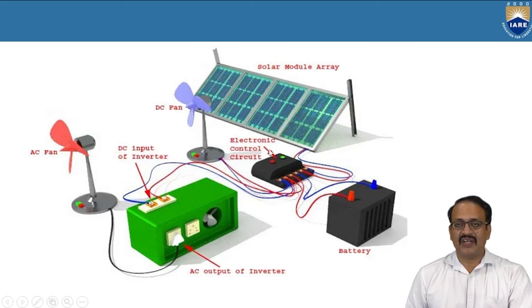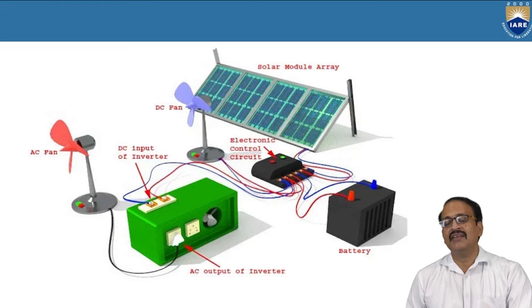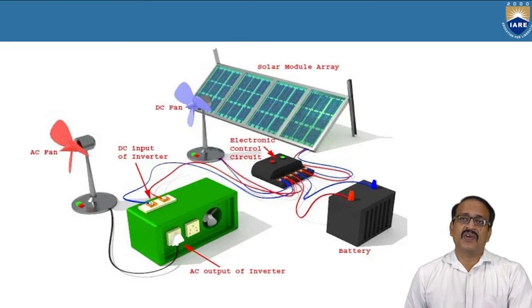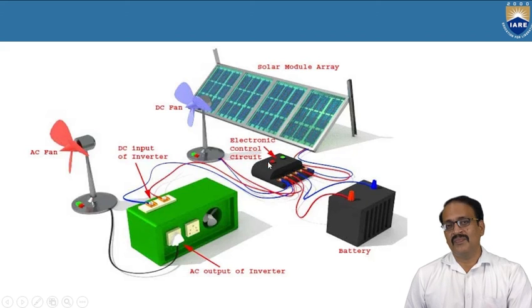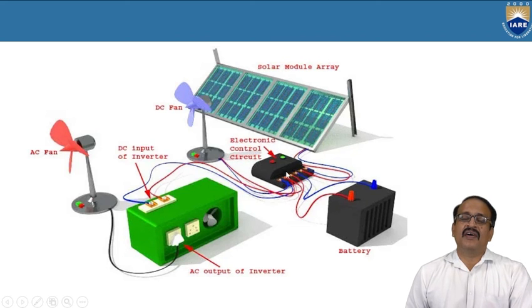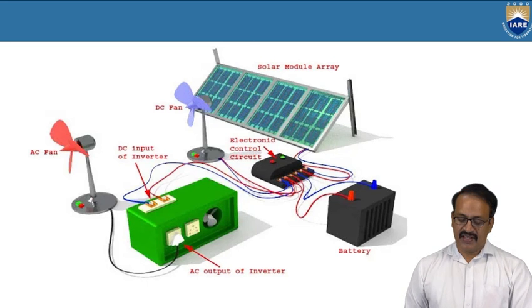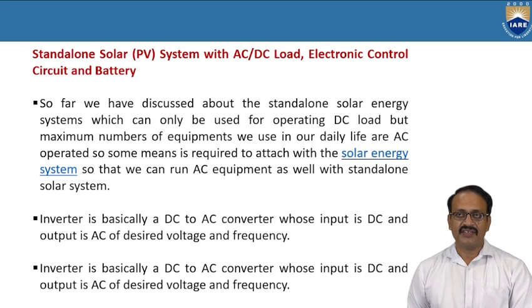Now it will be useful for both AC and DC, during the day and during the night time, and also with good power regulation. All these are the different types of standalone system.